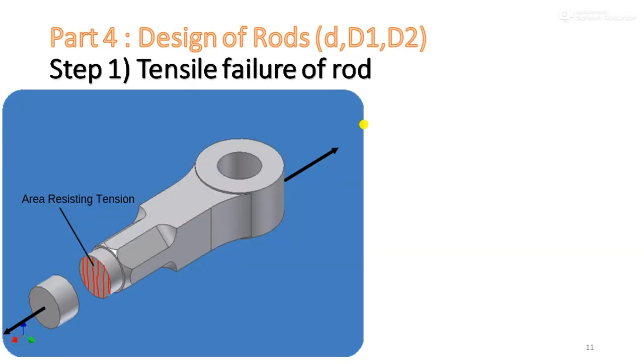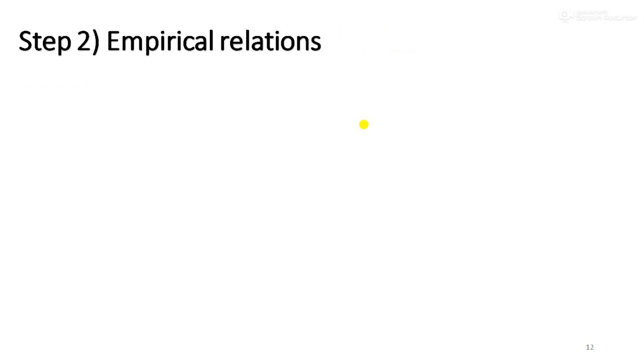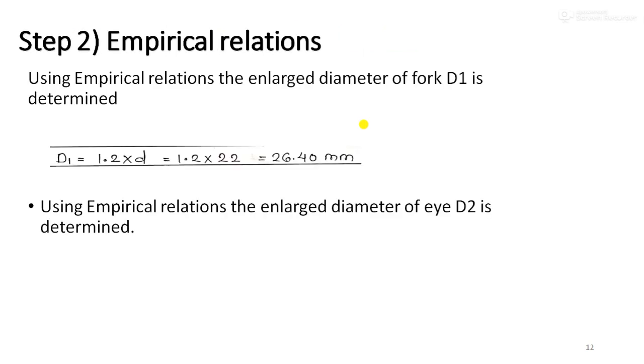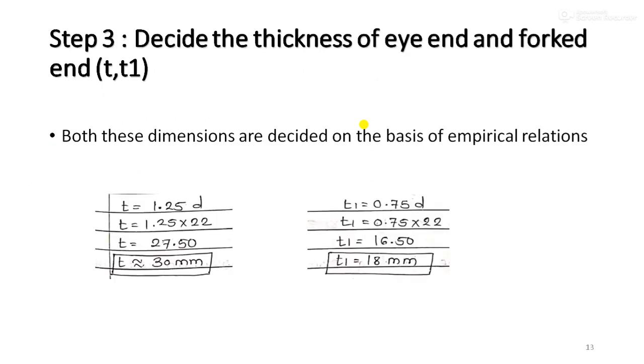Then we calculated the diameter of the rod d by using stress analysis. Then we calculated d1 and d2, the enlarged diameter of the fork d1 and the enlarged diameter d2, by using empirical relations. In step 3 we calculated the thickness of the eye and the fork end, t and T1, again by using empirical relations.